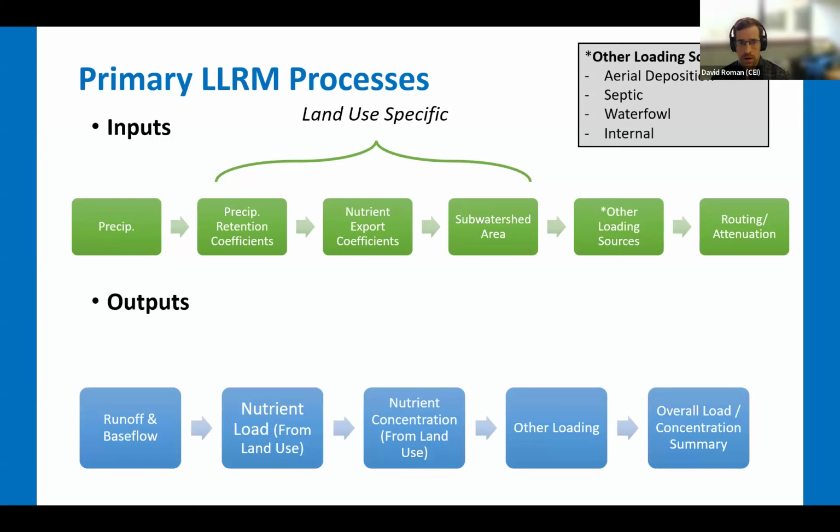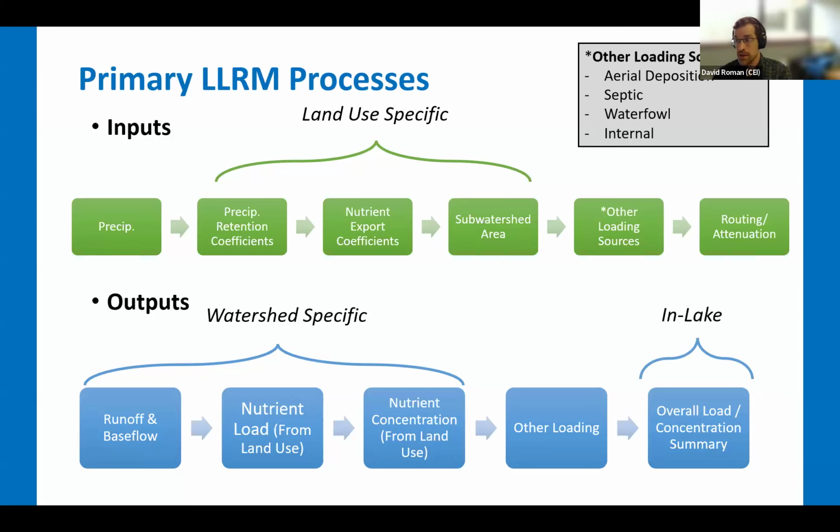And once we do all that analysis to get the inputs, then we get into what the outputs are. So LLRM will output your estimated runoff and base flow, nutrient loads, nutrient concentrations, and then we'll get you an overall summary of what's actually going on. What's the resulting load and concentration.